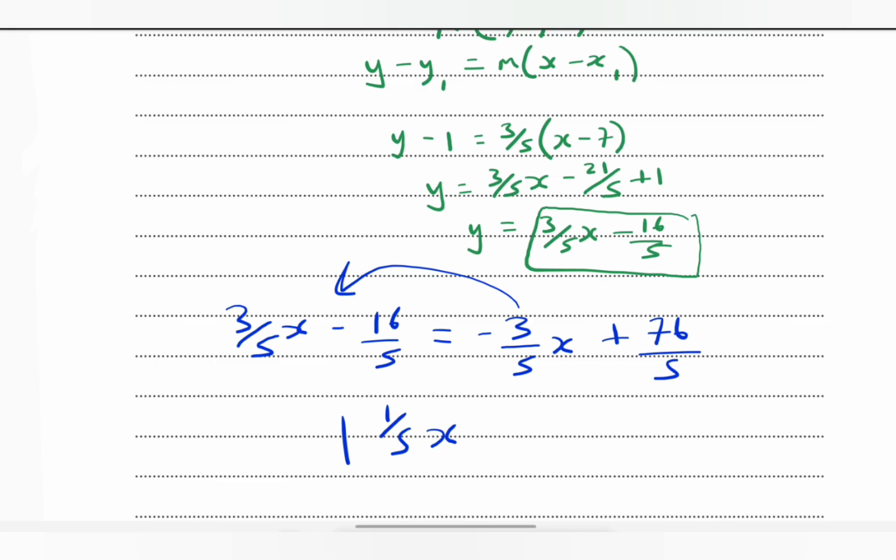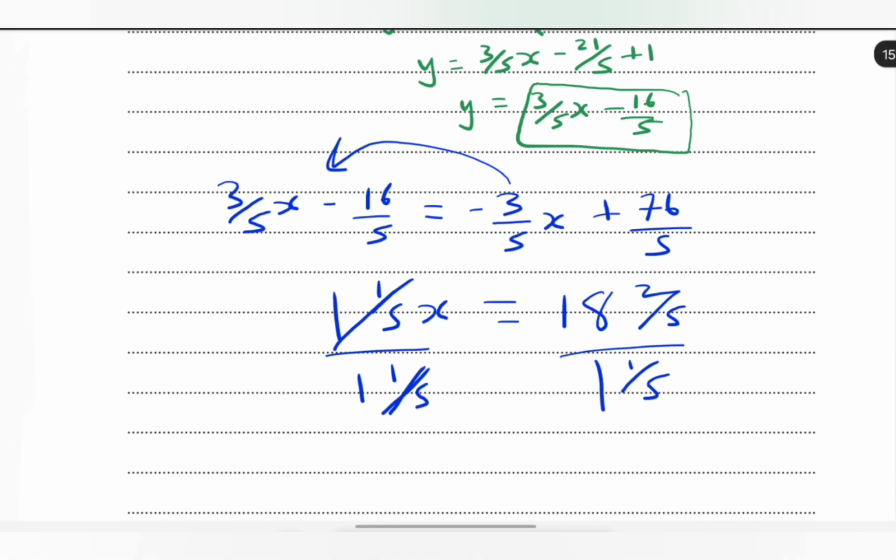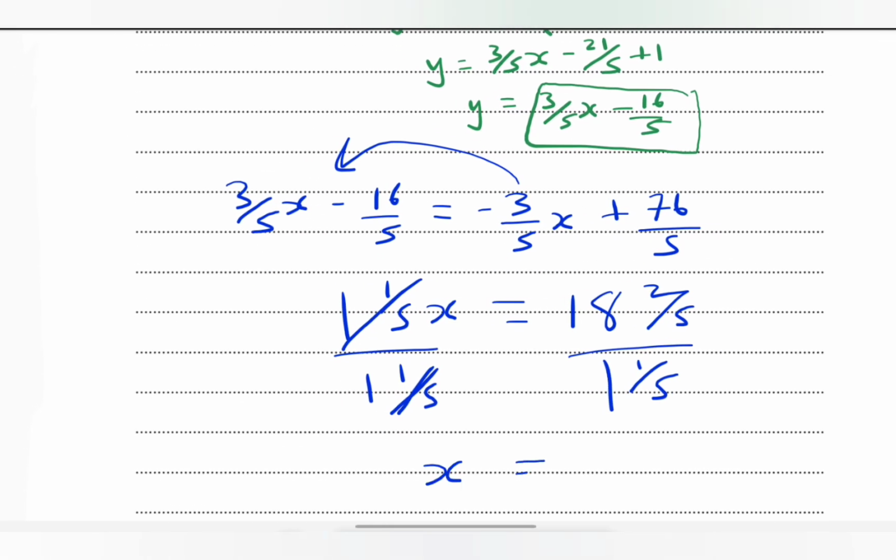I took this to the other side, which should give us 76/5 plus 16/5, which is 18 2/5. And dividing by 6/5, I get x to be 18 2/5 divided by 6/5. It's giving me 15 1/3.